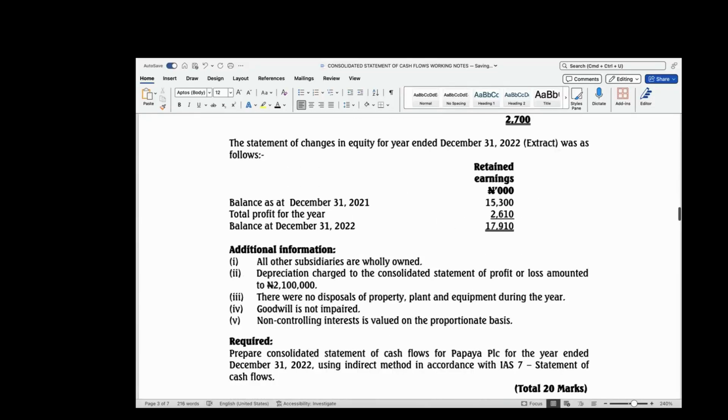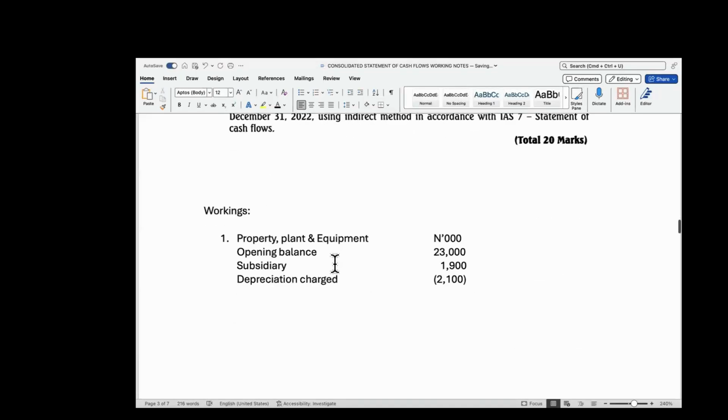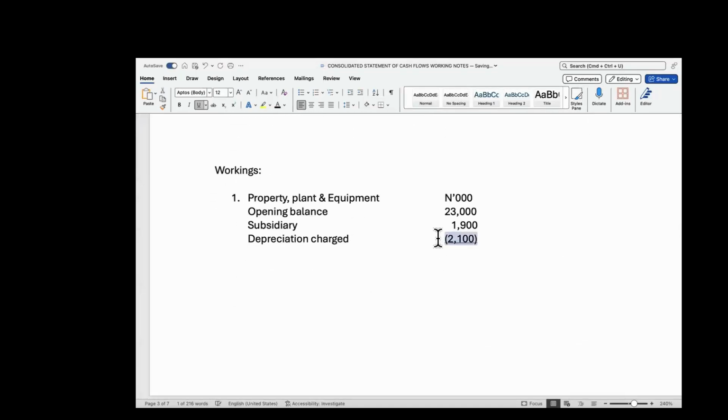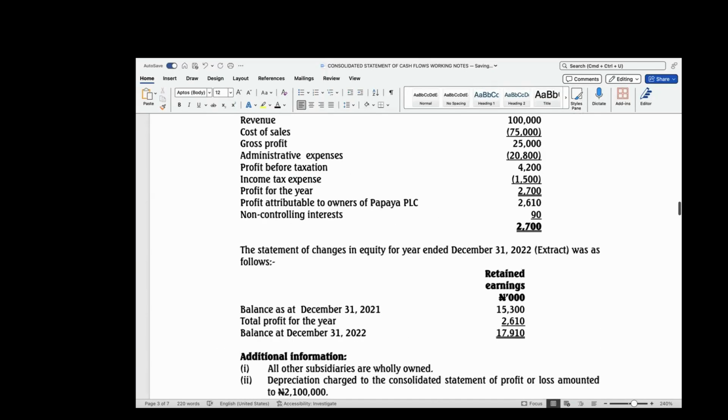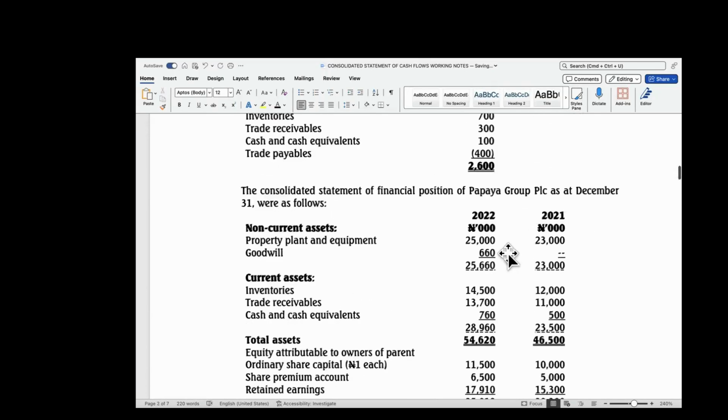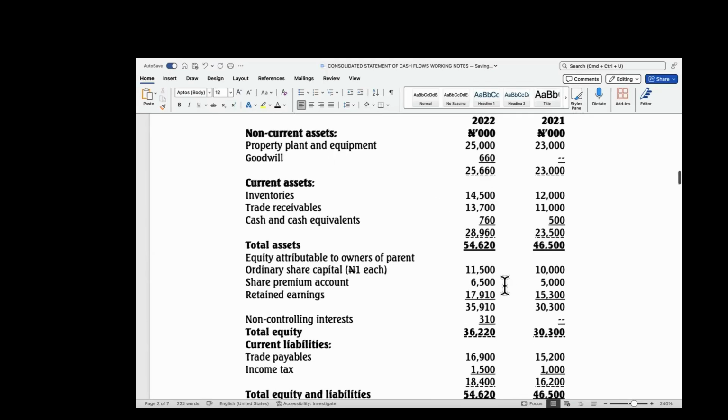They said there was no disposal of PPE during the year. So I close it up. If I sum this, I expect the closing balance to be this. Can you please give me the figure? How much are we looking at? 22,800. But what was the closing balance that we had? Our closing balance was 25,000.